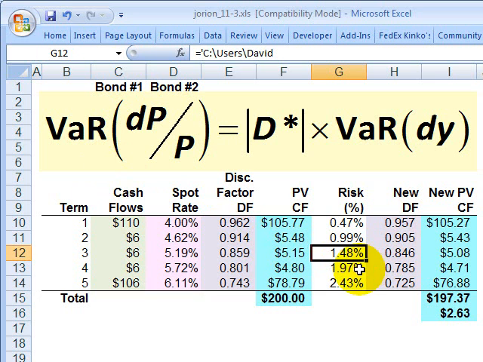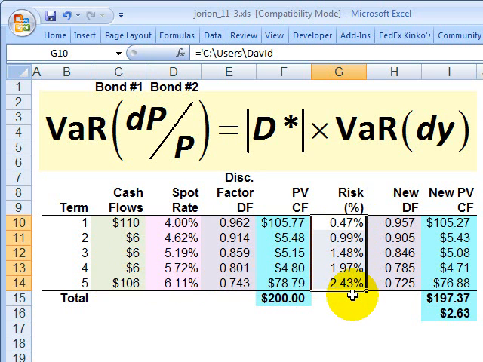If we look at 3 years here, 1.48%, it means that given some level of confidence, our worst expected change in returns is negative 1.48%. We know it could be worse than that. This is for some given level of confidence.